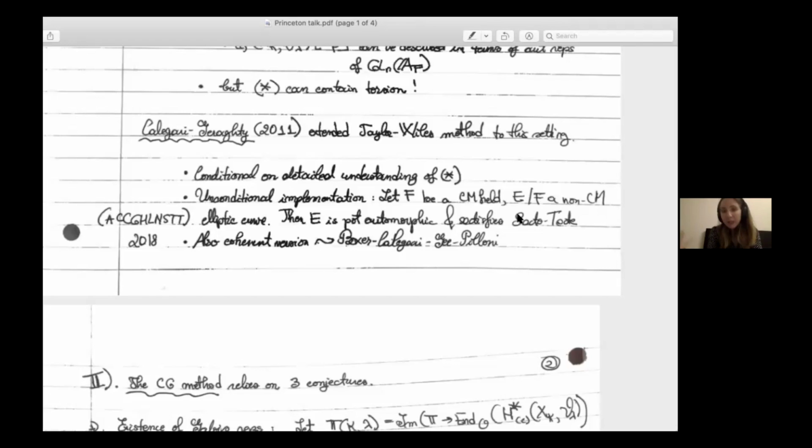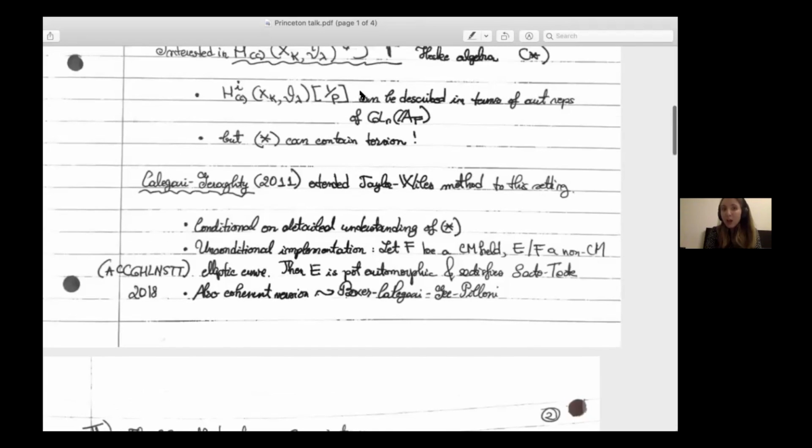So something that contributes to the cohomology of the locally symmetric space, not with twisted coefficients, but really with constant coefficients. So in that case, we are able to prove the Ramanujan conjecture for a cuspidal automorphic representation of GL_N of A_F, where F is a CM field, and it has trivial weight.